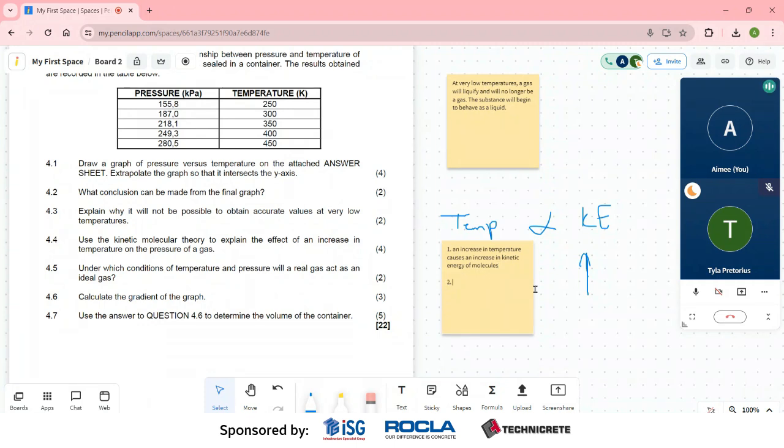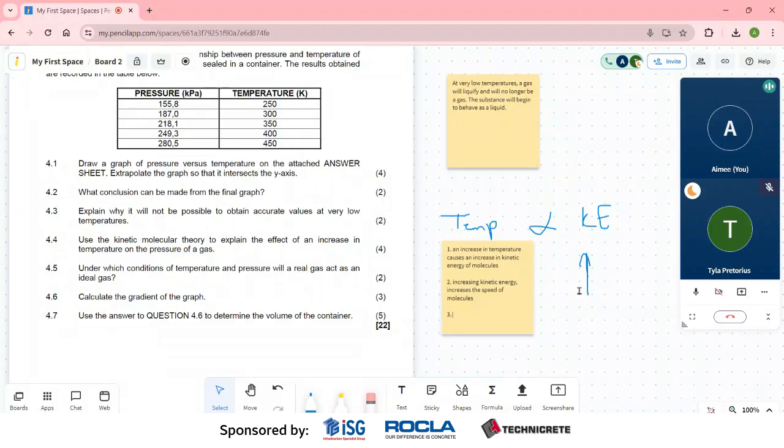Point number two is that increasing kinetic energy increases the speed at which molecules are moving. Okay, so they're moving faster.